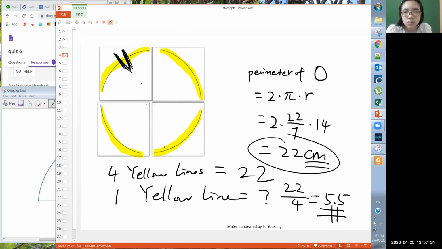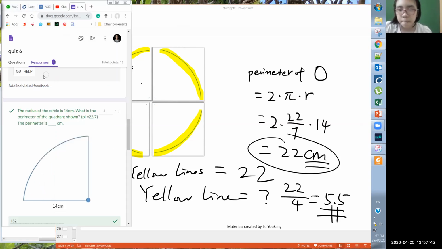Very good. Repeat one more time. Confidently. Full circle divided by 4 will give you the quadrant. Very good. Okay, so that's how you get your parameter. Next.